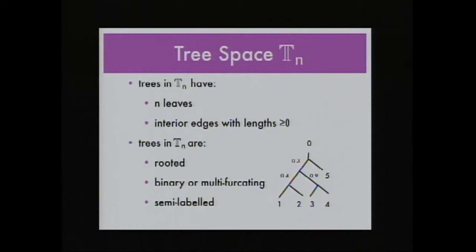So for tree space Tn, my trees are going to have n leaves, and their interior edges are going to have some length, either 0 or greater than 0. By interior edge, I mean edges that are not ending in leaves. These edges that do end in leaves, I can put a length on them, and that's what biologists would want to do, because often the length is representing something like number of mutations or rate of mutations.